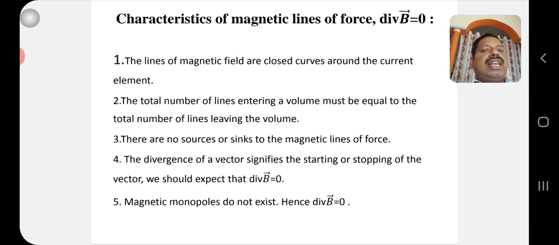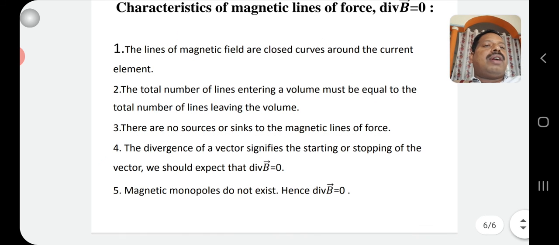Next, the total number of lines entering a volume must be equal to the total number of lines leaving the volume under consideration. If you consider a finite volume in space where these lines of force are distributed, the total number of lines of force entering that volume equals the total number leaving it. There are no sources or sinks for the magnetic lines of force.